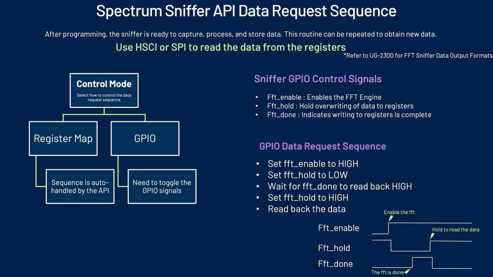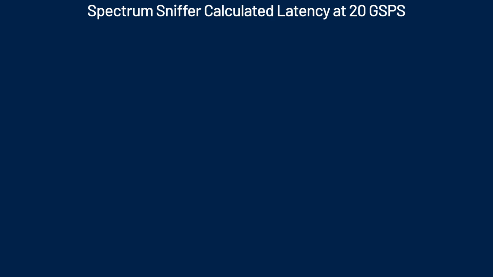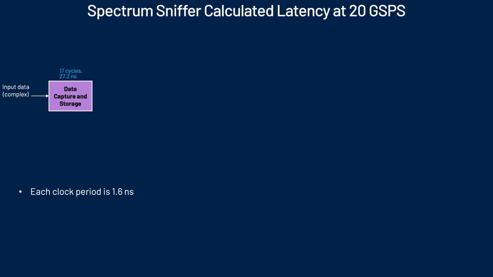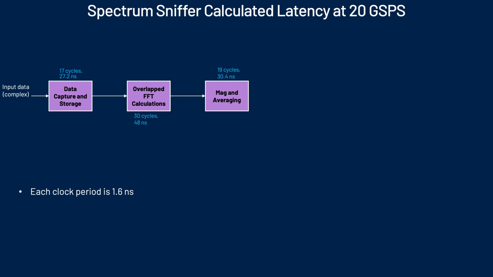The latency of the FFT sniffer will vary depending on what mode and settings the user has chosen. Take an example with the device clock as 20 gigasamples per second, where each clock period is 1.6 nanoseconds. First, the data is captured taking 17 cycles. The FFT calculations take 30 cycles.